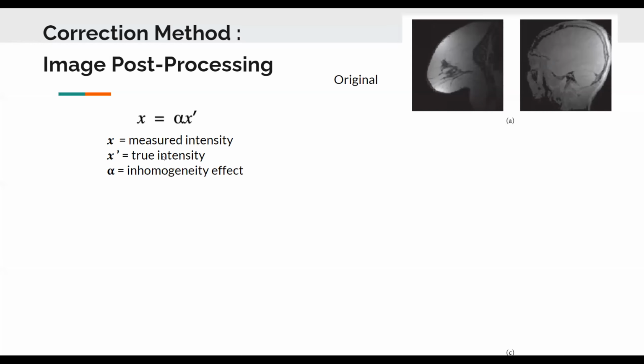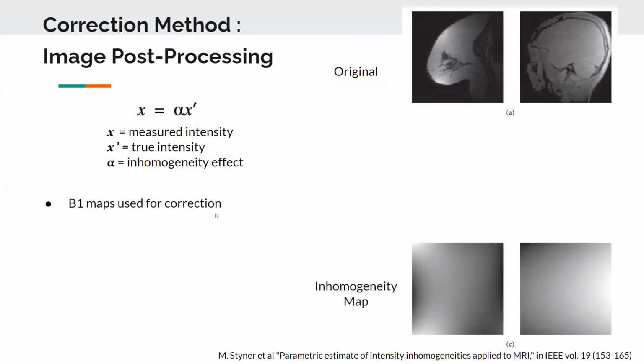Figure A on the right shows a sagittal image of the head and the breast, and inhomogeneity can be clearly seen due to the bright spots and the darker spots throughout the image. If we move forward, you can see that a B1 field map, shown in figure C, is what's used to correct this.